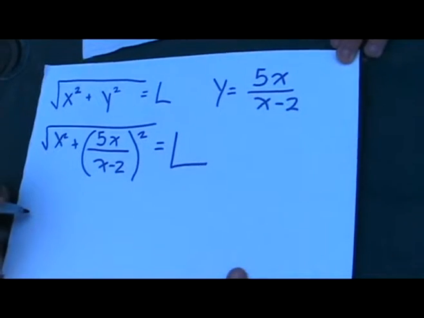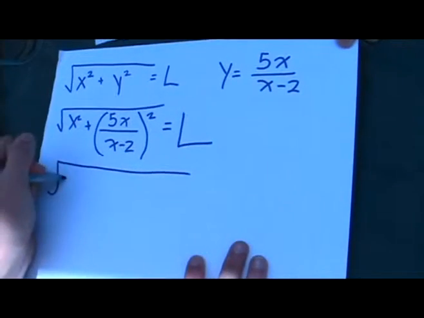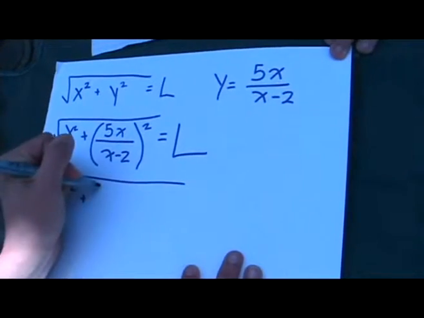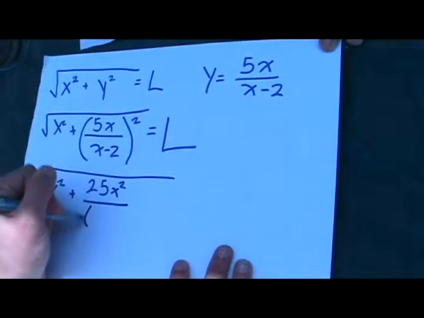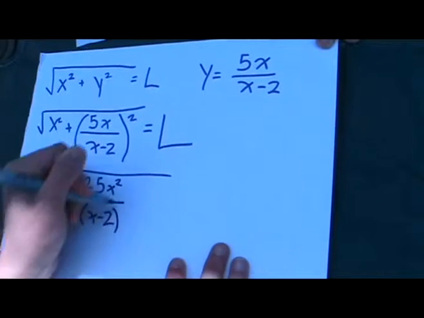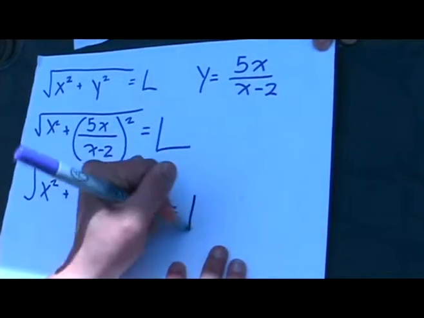Now you simplify that to become L equals the square root of x squared plus 25x squared over x minus 2 squared.